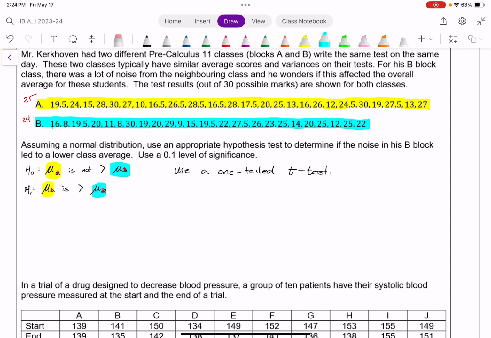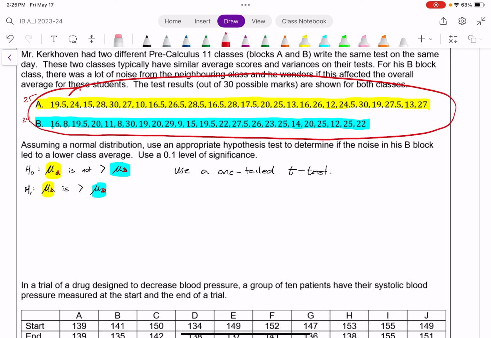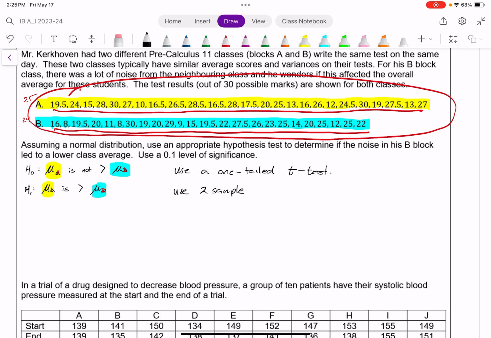At this point, we need to use our GDC, and I apologize, there's a lot of data here. I just wanted to include it all. You'd make two columns, one with the 25 marks here, one with the 24 marks here. And you want to find a two sample t-test. Generally we use what we call a two sample t-test, and you need to be familiar with your own calculator.